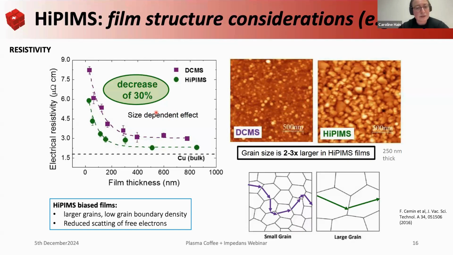With HiPIMS, we can tune to have larger grains. With larger grains, we have a lower grain boundary density, so we reduce the scattering of free electrons. If we have small grains, we have many grain boundaries to travel across; with larger grains, we can avoid this.